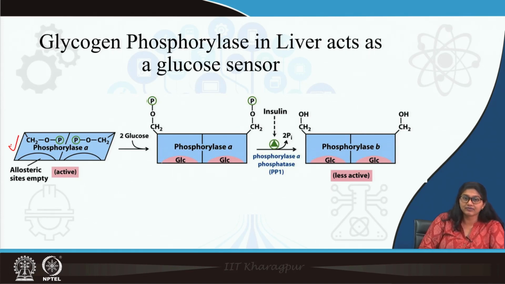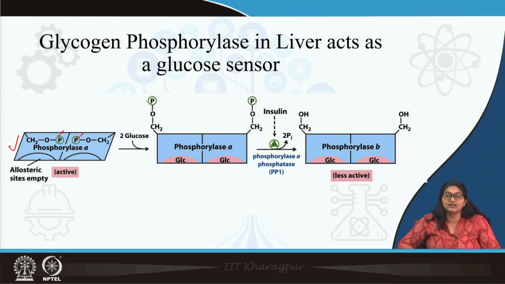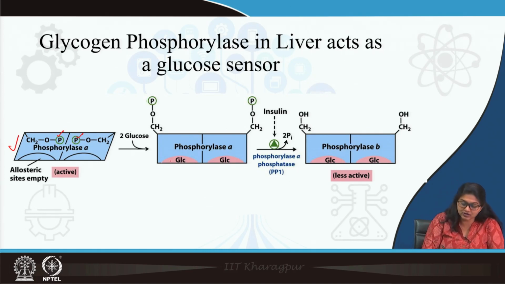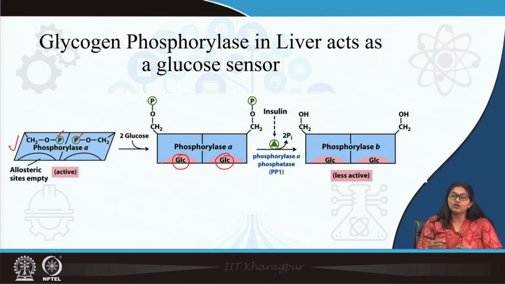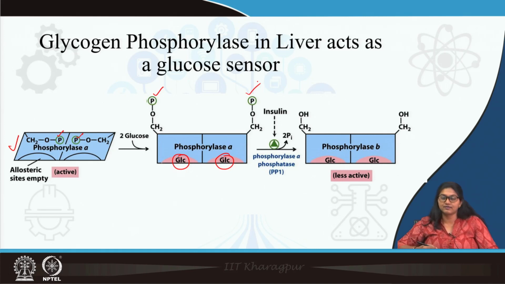Now, you can see these phosphorylated residues are buried inside the molecule. When glucose binds in this allosteric site, this glucose induces a conformational change which exposes these phosphorylated residues. They are exposed to whom?